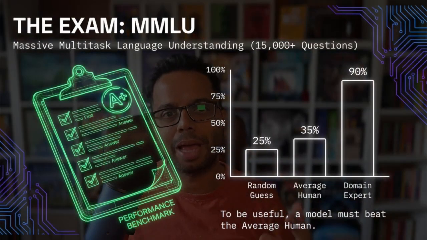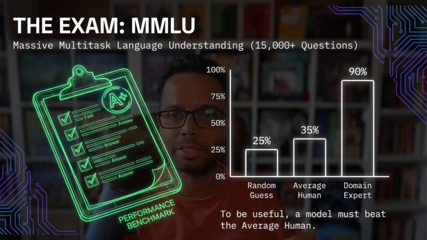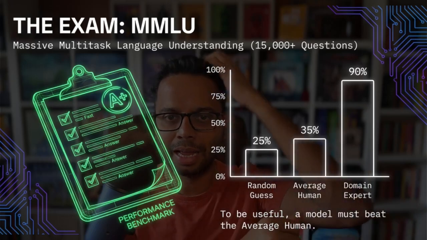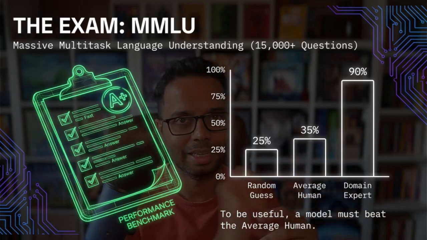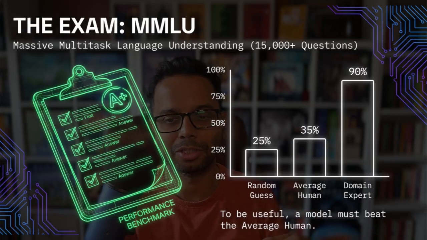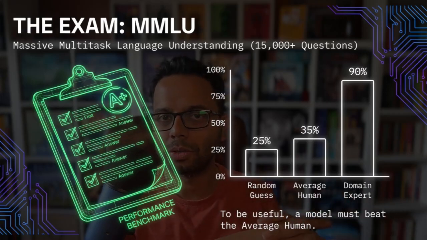Now coming to MMLU, Massive Multitask Language Understanding. What is this? It's basically a set of 15,000 plus questions that has been created. If you go and make random guesses at the answers provided for those 15,000 questions, you have a probability of getting around 25% right.